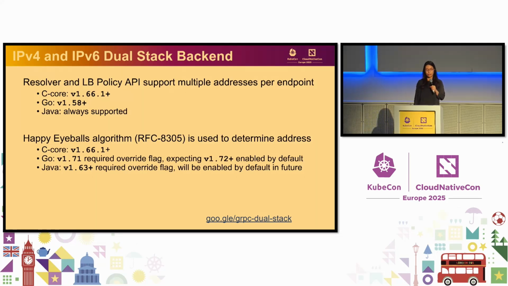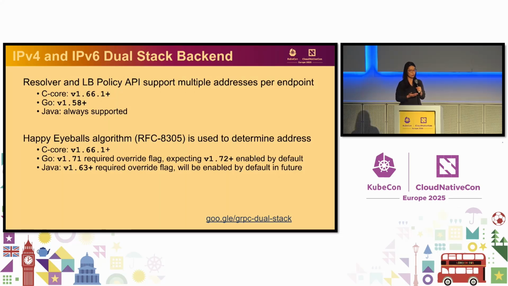Another cool feature that's launched recently is dual stack backend support. gRPC clients currently support both IPv4 and IPv6. However, most of our language implementations didn't have support for individual backends having both IPv4 and IPv6 addresses.